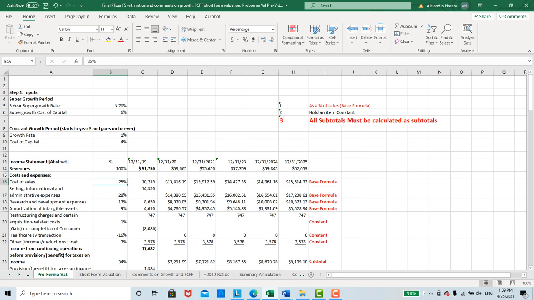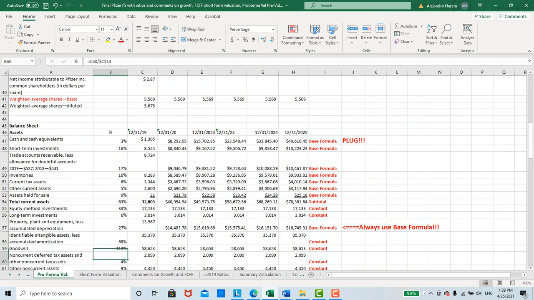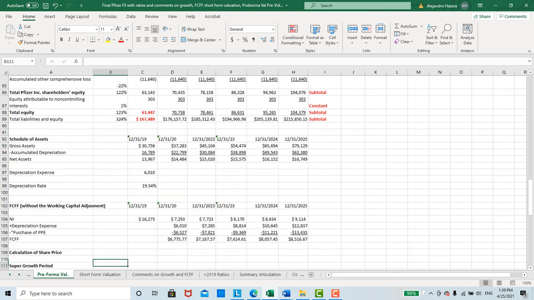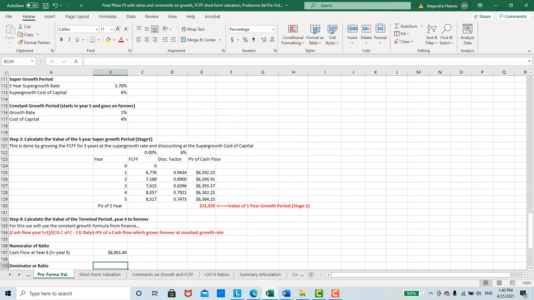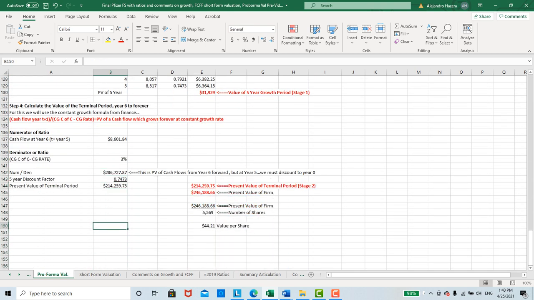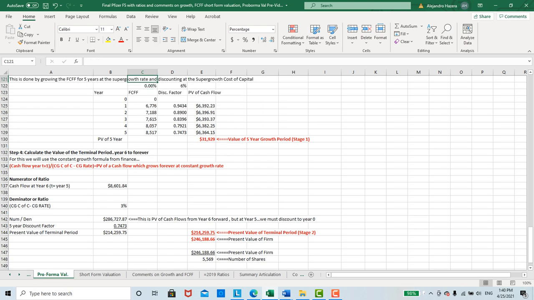They said, oh, our cost of sales is going up by 25%, so we've got to lay off some accountants. Let's say that resulted in 25% to 5% administrative expenses. You can play around with this and see how the share price would change. The share price would now become $44. So the value of those two changes would decrease your share price from 52 to 44.